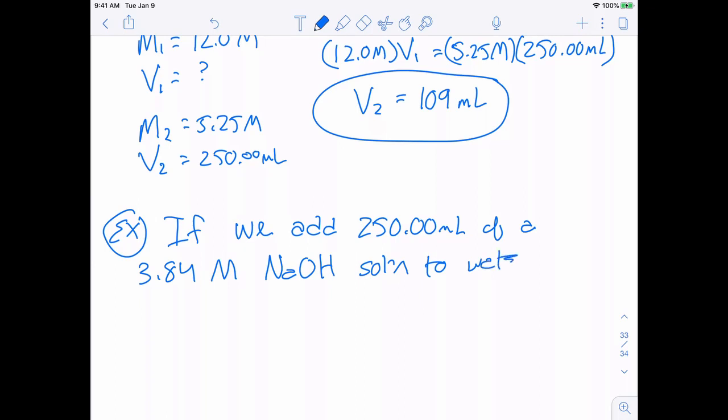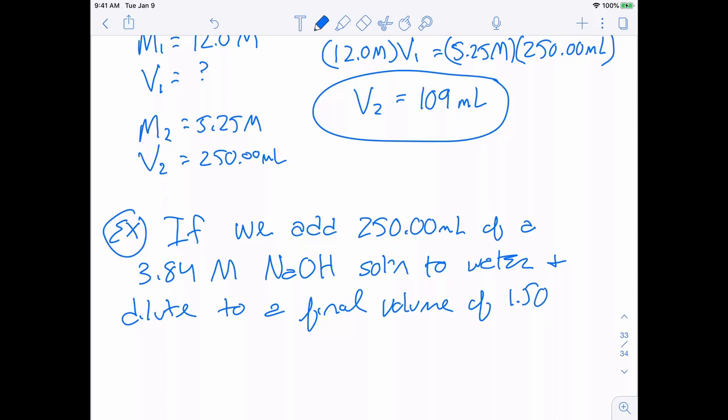These are aqueous solutions, and dilute to a final volume of 1.50 liters. What is the concentration of this solution?